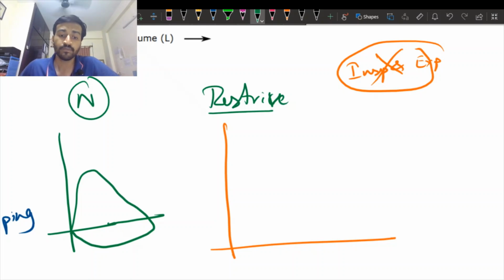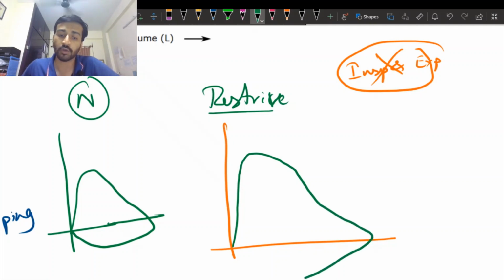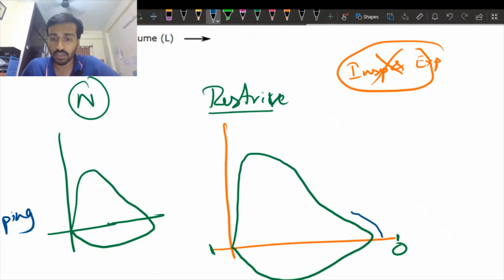See here, let us draw the normal. Okay, let us say that this is normal. So if everything decreases, all the lung capacities also decrease. If this is 0, and let us take this as blue, the reserve volume also decreases. It is somewhere here.